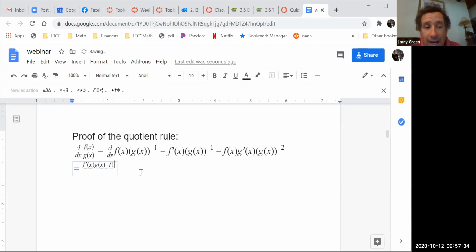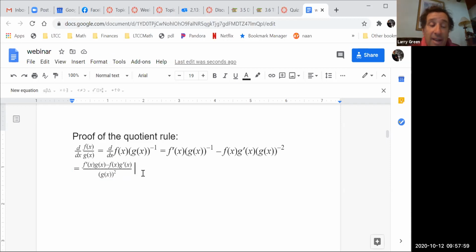Minus f of x times g prime of x over the common denominator, which is g of x squared. And that's the quotient rule.